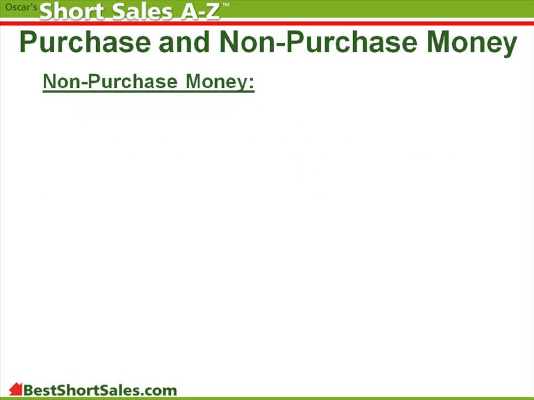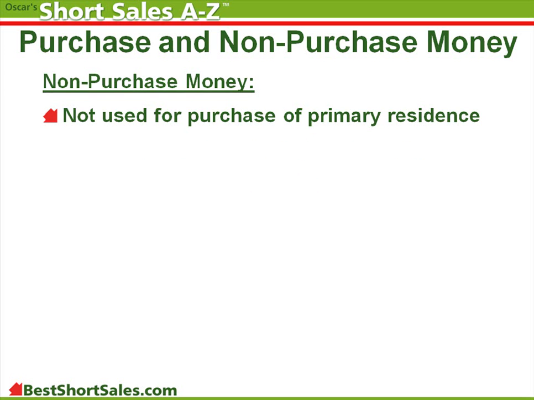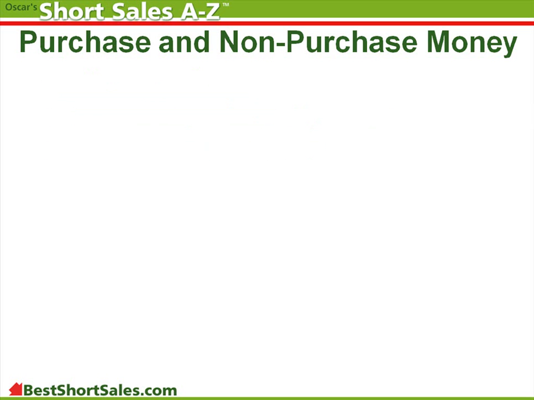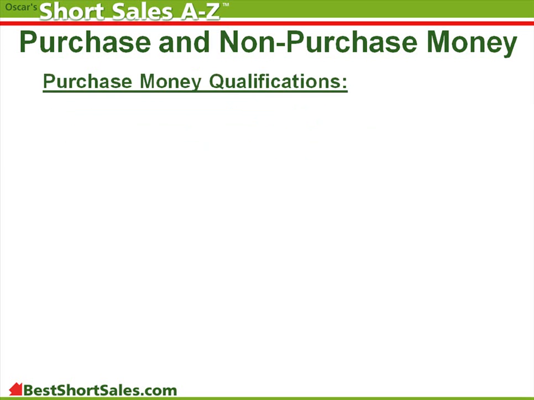Non-purchase money. Non-purchase money is any borrowed money secured by any real property which was not used for purchasing a primary residence. Non-purchase money can be secured in any position. Purchase money qualifications. What qualifies as purchase money is always clearly defined by each state's laws.